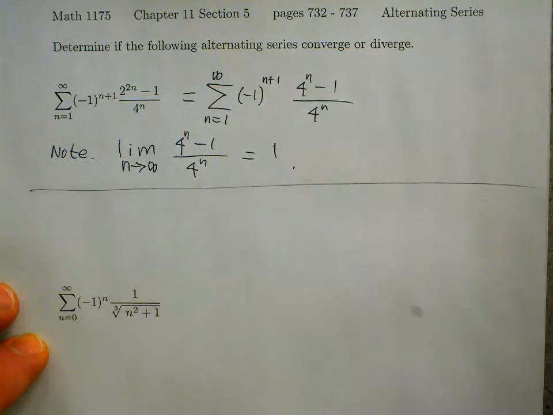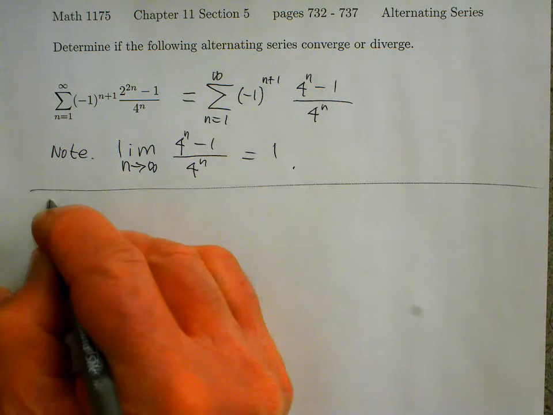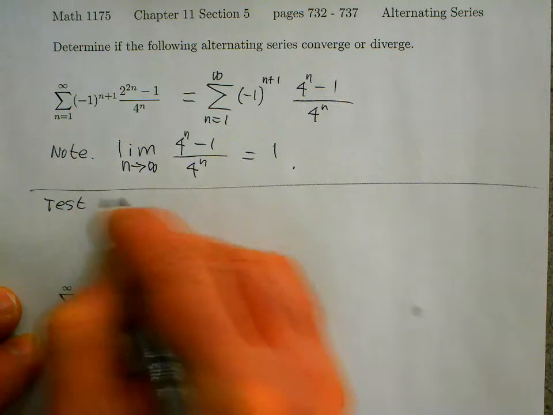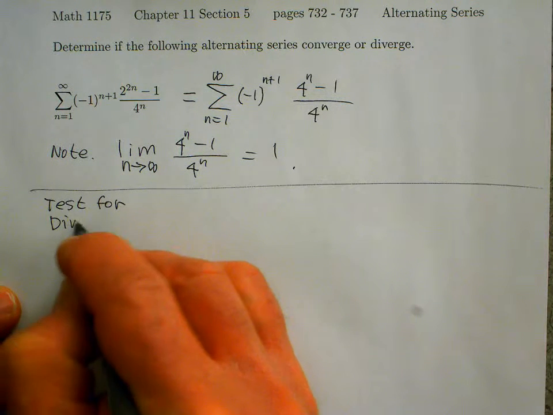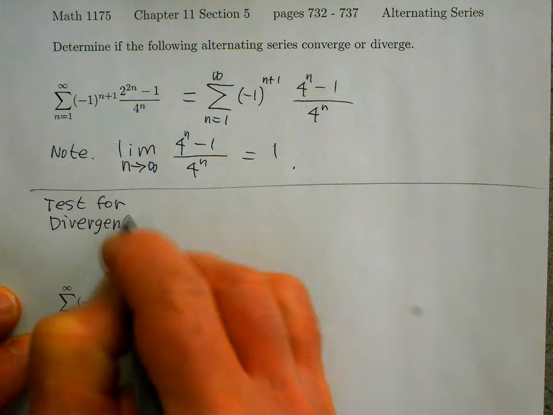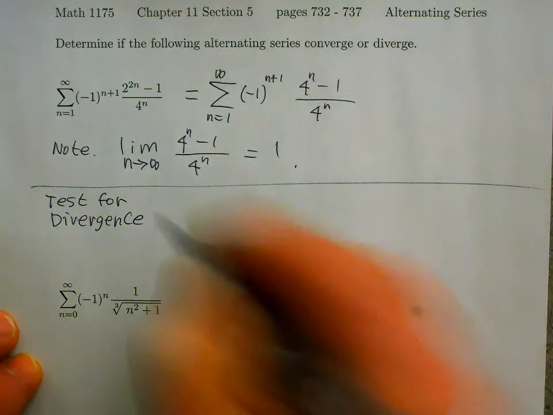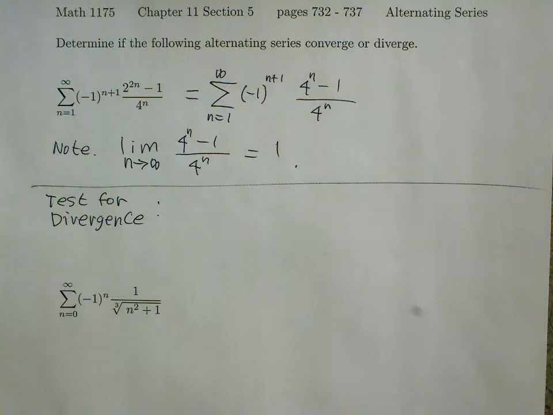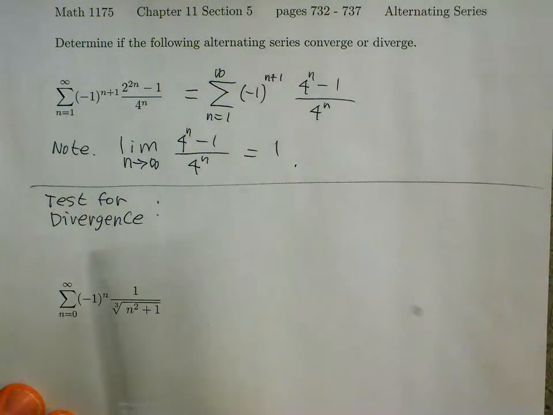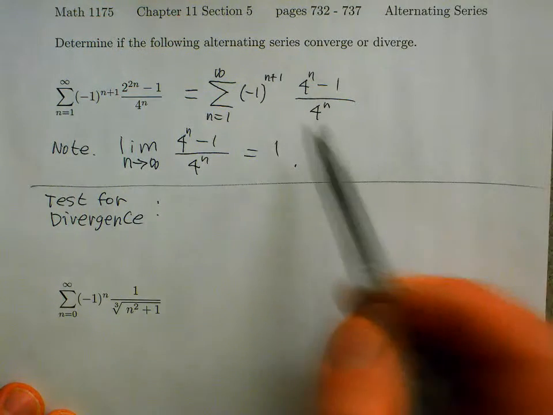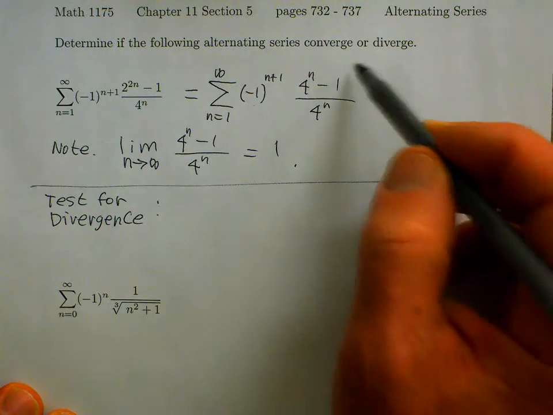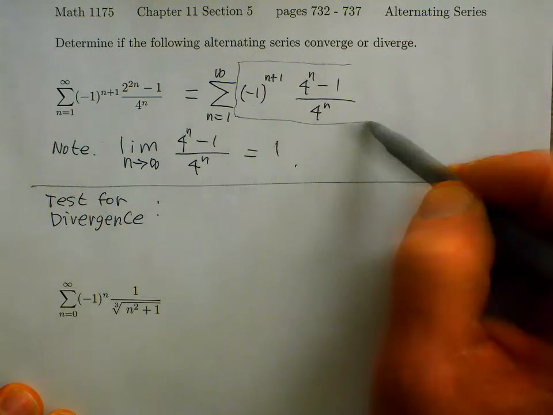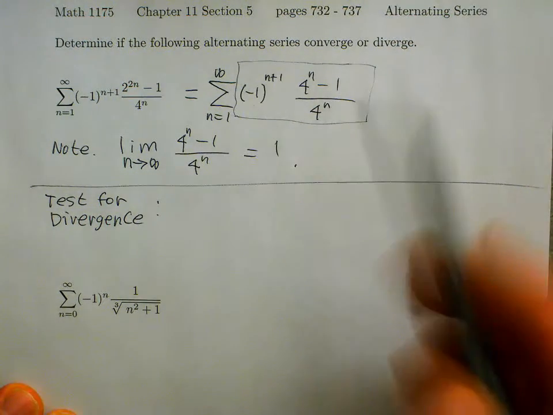Okay, but if we apply the test for divergence, we can try that to see if that works. But for the test for divergence, we have to take into account the negative 1 to the n plus 1. In other words, we have to compute the limit of the terms from that series.